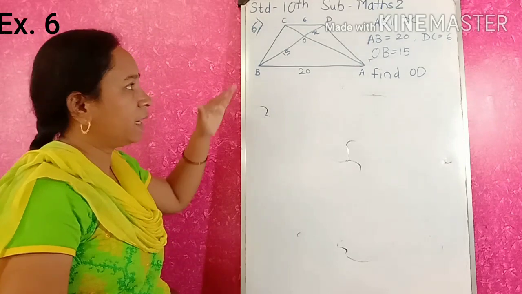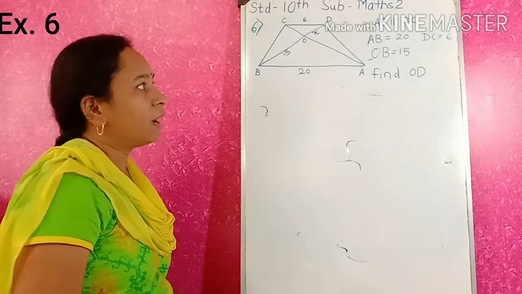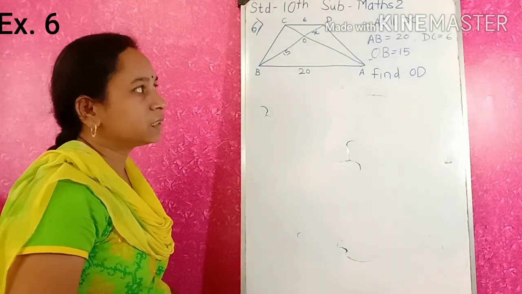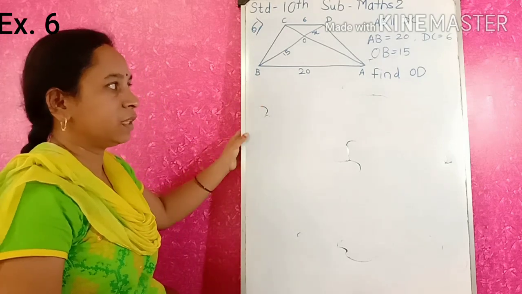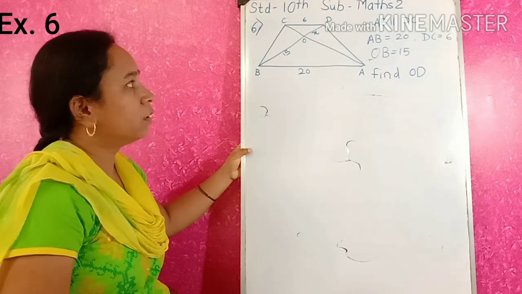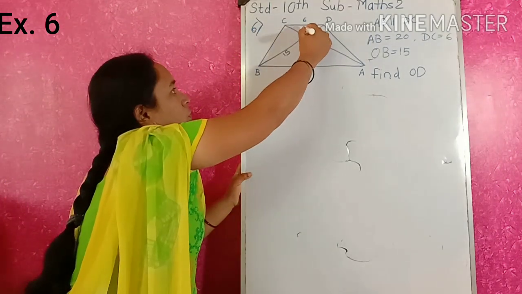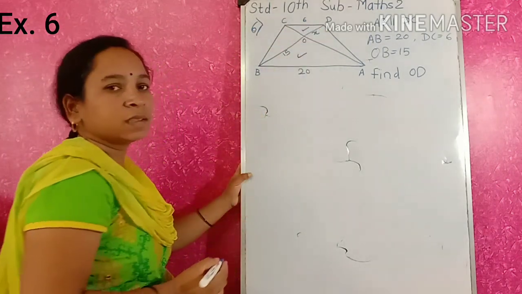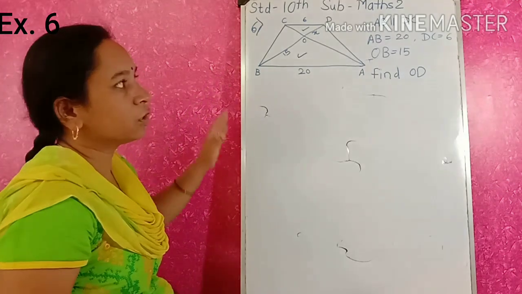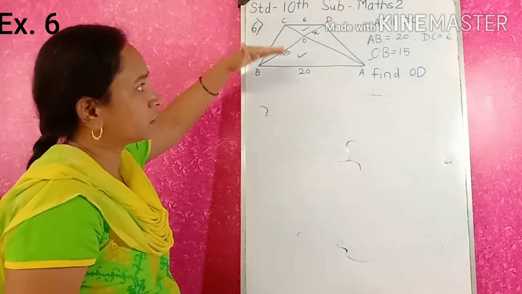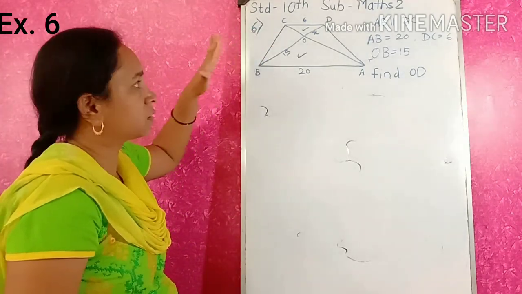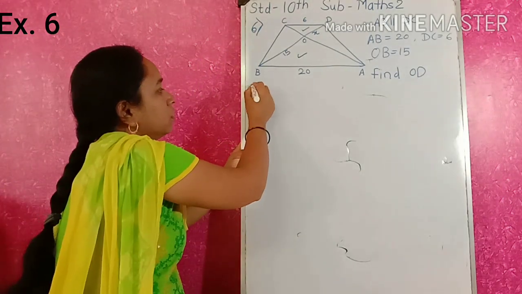Sixth example. AB is parallel to CD, AB is equal to 20, DC is given 6, OB is 15, and we have to find OD. To find OD, first we'll prove these two triangles are similar. How to prove it? We are going to use the parallel sides test or theorem. So here, solution.